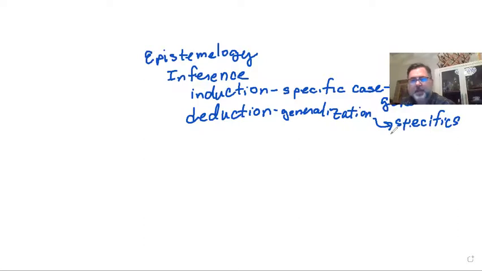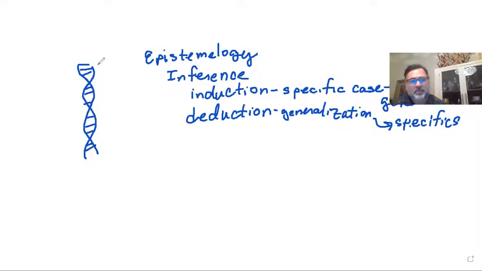All right, example of induction. Let's take Watson and Crick's discovery of the structure of DNA. So this is a double helix because it's two strands that form a helical pattern. They didn't just discover this by itself.